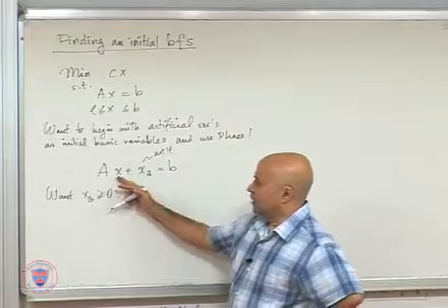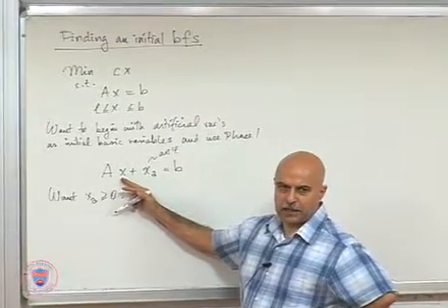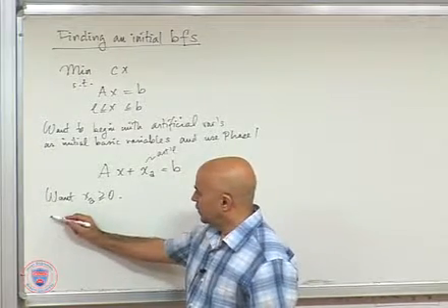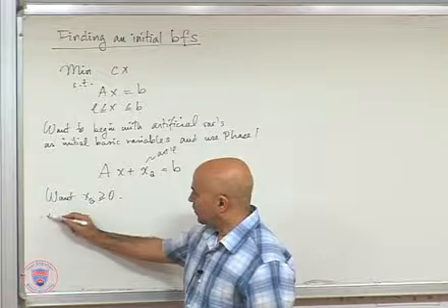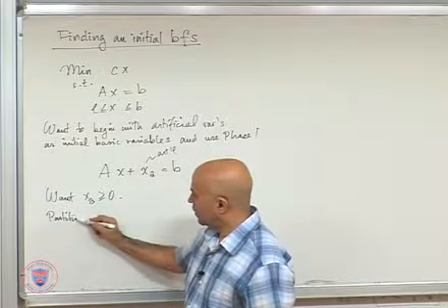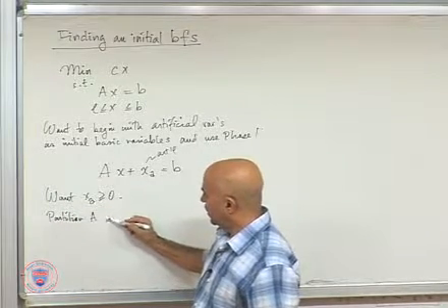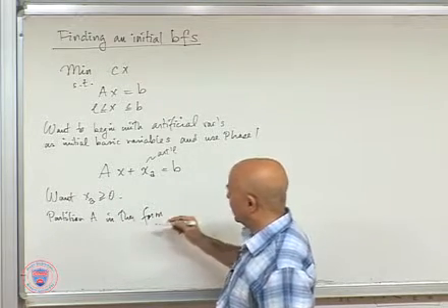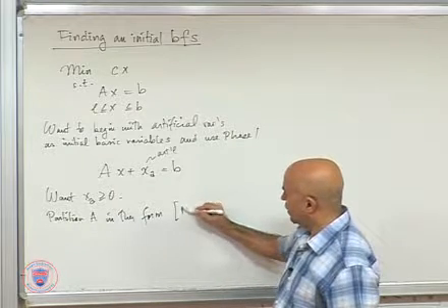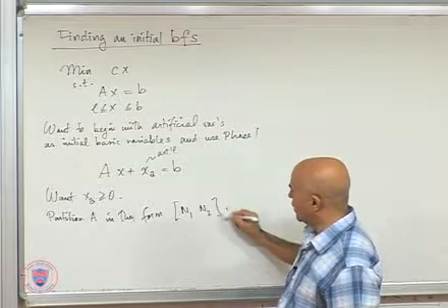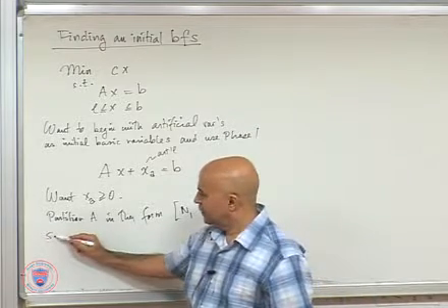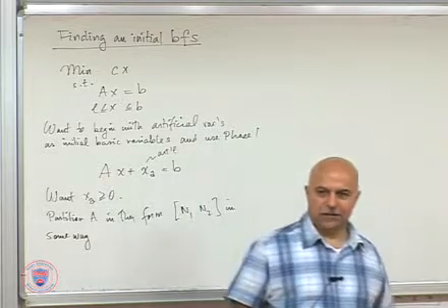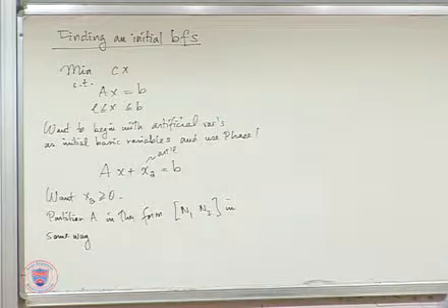Now, we cannot take x equal to 0 because x must be between the bounds. So in this case, partition A in the form N1, N2 in some way, meaning almost in an arbitrary way.